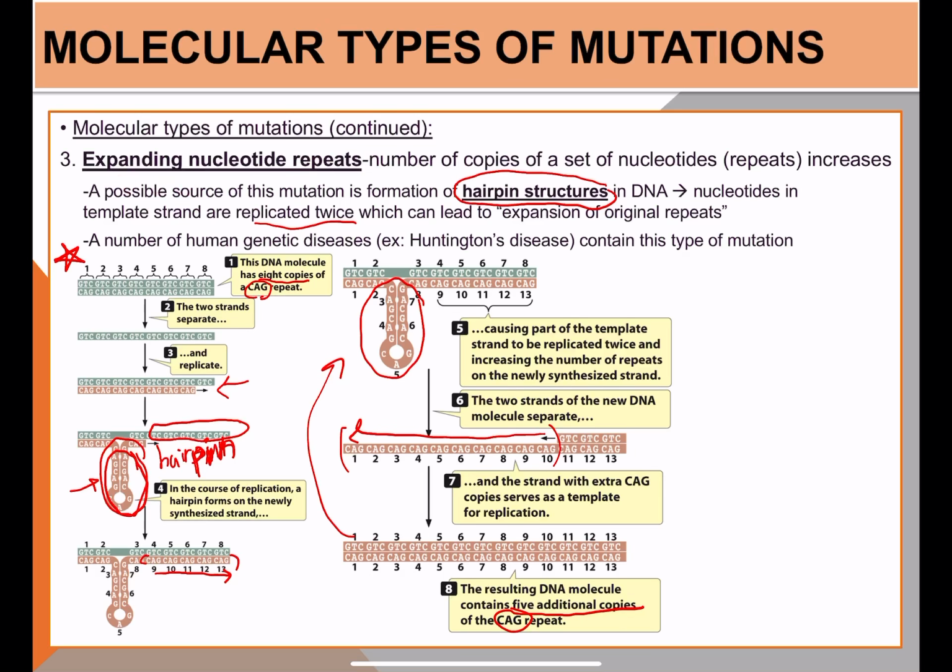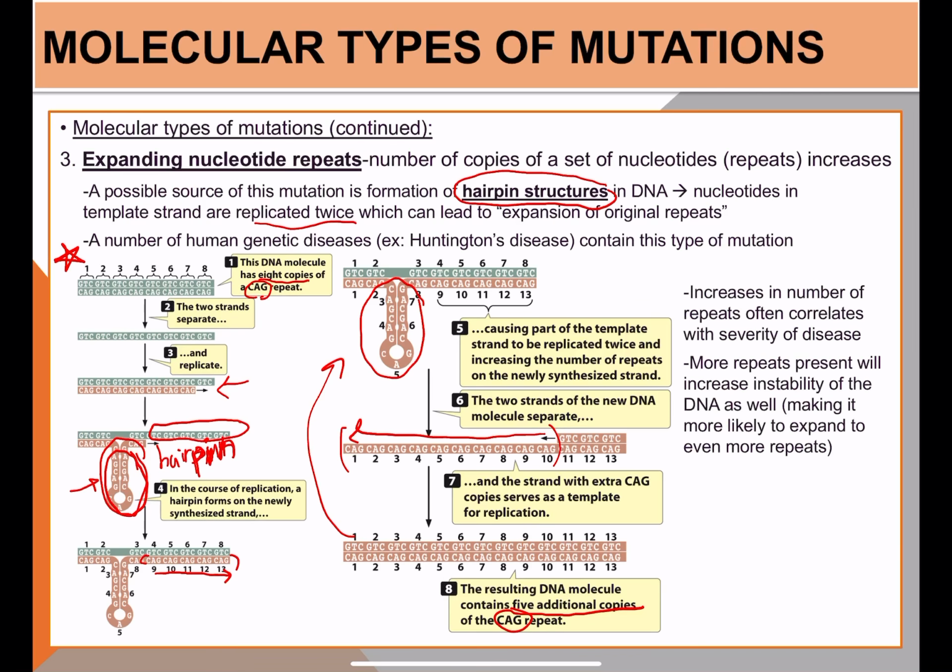A number of human genetic diseases, like I said, including Huntington's disease, do have this type of mutation. Now, how many times a segment of DNA was repeated has to do with both severity of the disease and overall stability of the sequence. The more repeats you have, the more severe a form of the disease you will have.